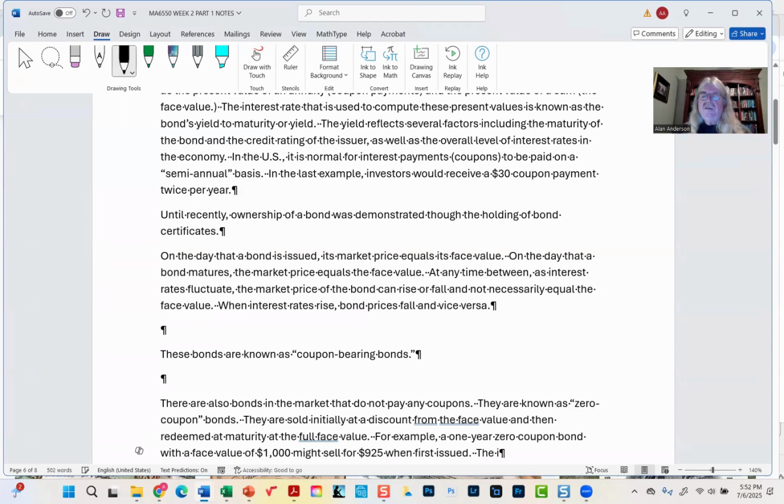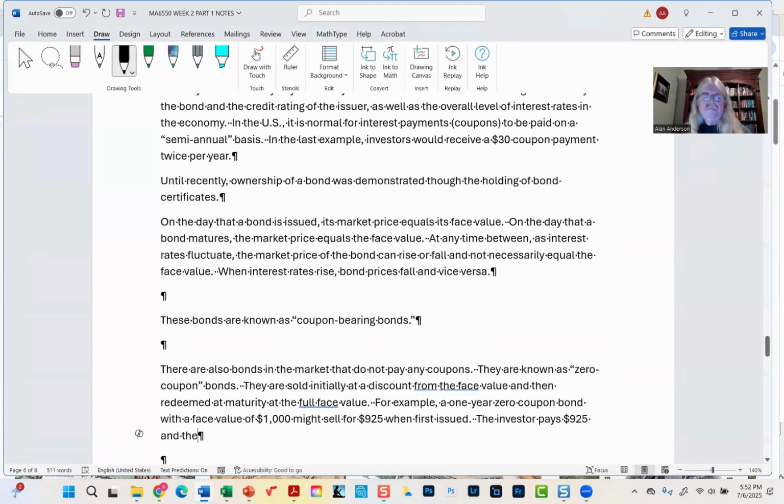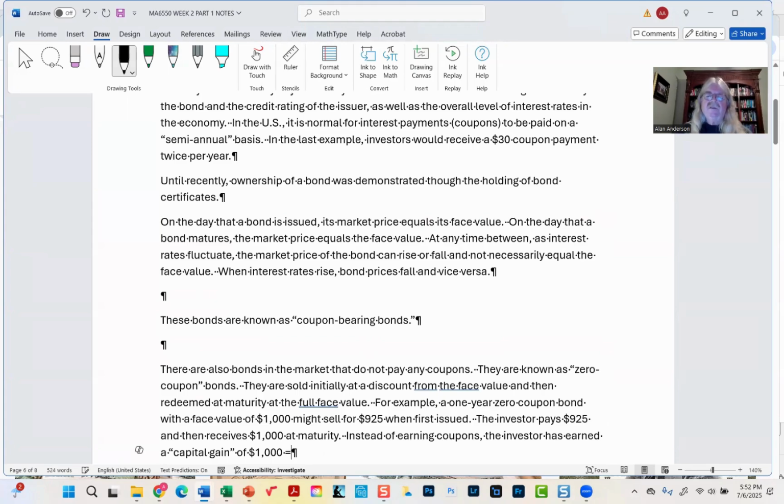The investor pays $925 and then receives $1,000 at maturity. Instead of earning a coupon payment, the investor has just earned a capital gain of $75.